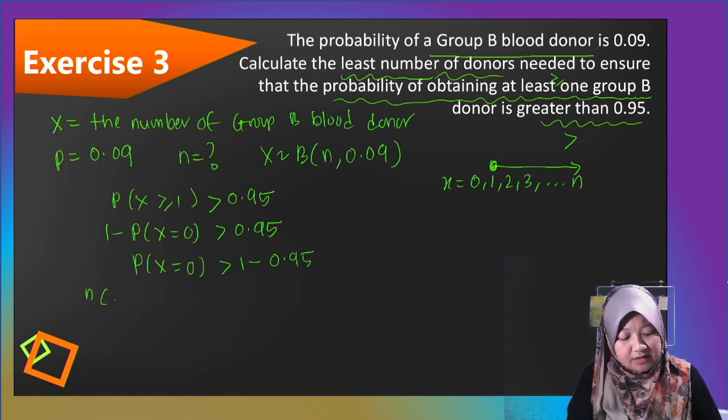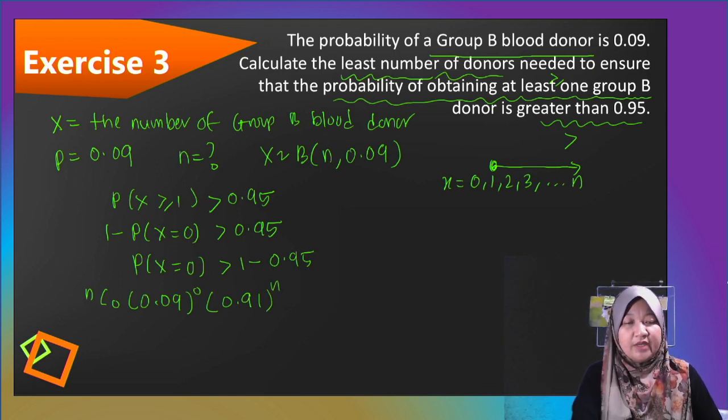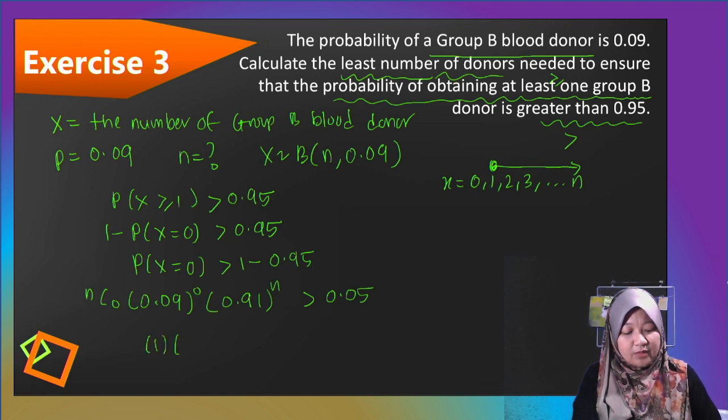NC0, P is 0.09 power of 0. Q dia berapa? Q dia adalah 0.91. The Q is 0.91 power of N. N minus 0 is N. Greater than 0.05. Okay, NC0 is 1. 0.09 power of 0 is also 1.